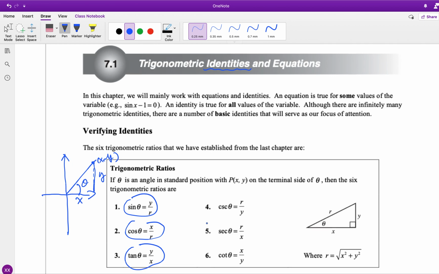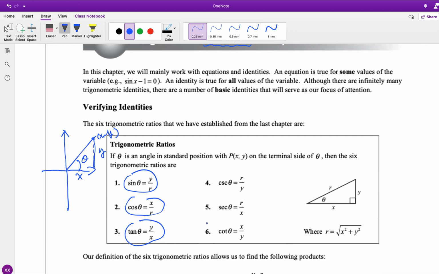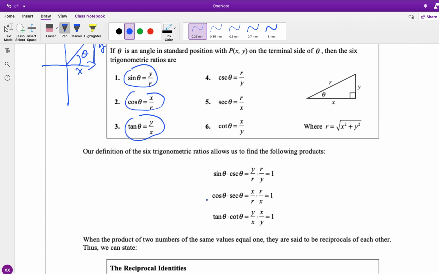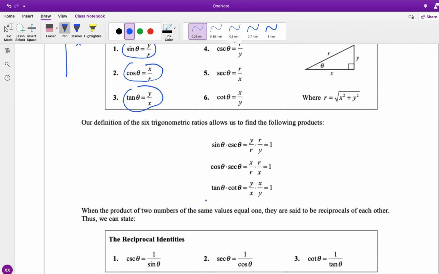Now from this one, the basic one, there are a number of so-called identities that could be derived. That means it's an inherent nature of the trigonometric functions. So in this case, for example, sine theta multiplied by cosecant, because cosecant is just the reciprocal of sine, of course equals 1.